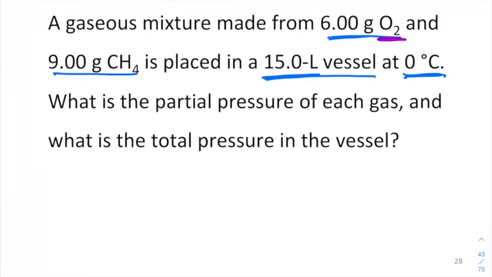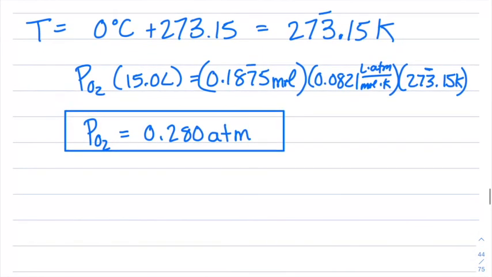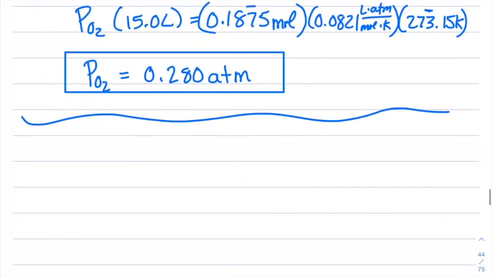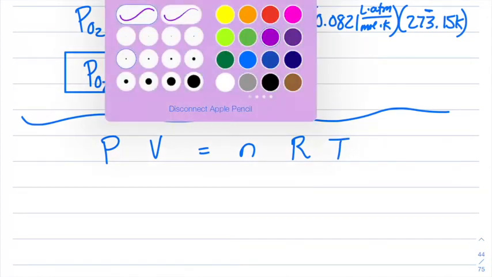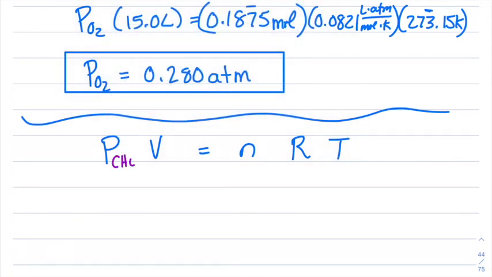So the next one we're going to do is CH4. So again, we're using PV equals nRT, but now we're doing it for CH4. So again, the pressure and the number of moles are going to be specific to CH4, but they do share the volume, they share the temperature, and R is always constant.